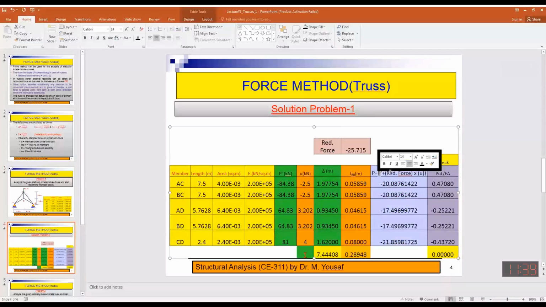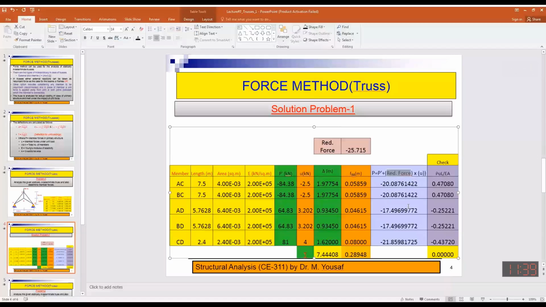into redundant force, this one, because now we have applied it, and we cannot use it directly, because we have found this redundant force by a formula. If we use the redundant force directly, then that formula will no longer be applicable, so you will not be able to find out the actual force.